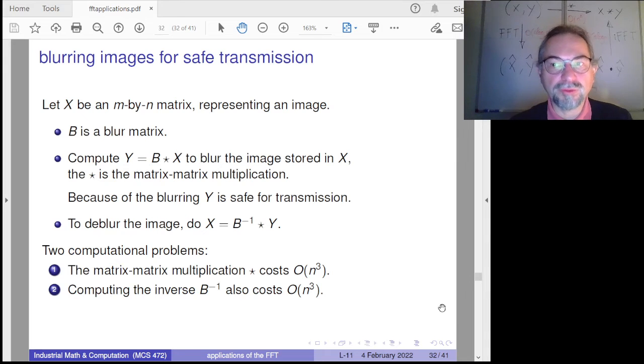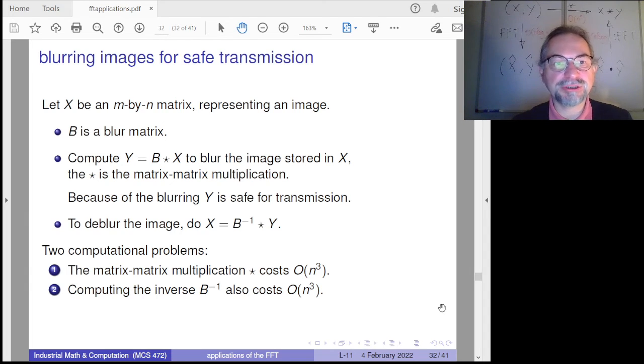We do not want anybody who intercepts our transmission to be able to see our sensitive images. So we will start to blur the images. And here is how we can do this. We can take a random matrix or any very special matrix, but for our purposes, I will use a random matrix.